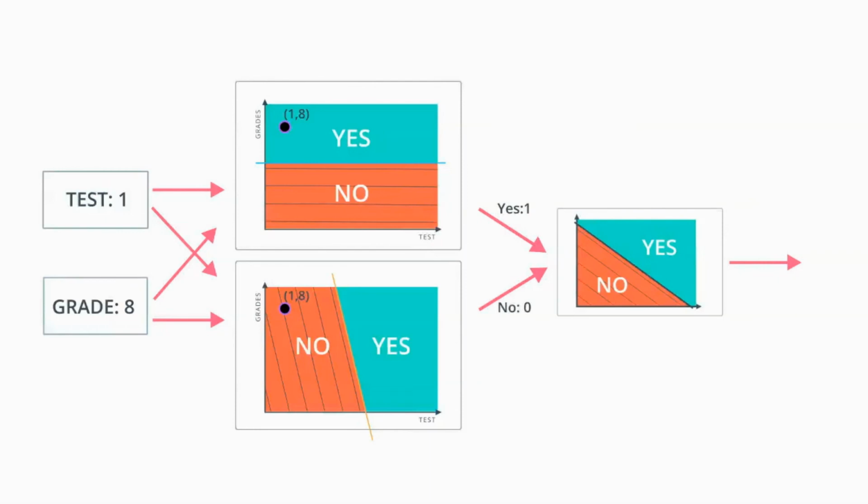Now the next layer, called the output layer, takes the values coming out of the middle layer, namely the 1 and the 0, and it locates the point with coordinates 1, 0. This point is in the red or negative region of the final node, so the output here is a no. Thus, the neural network has received as inputs the values test equals 1 and grades equals 8, and it has outputted a no.